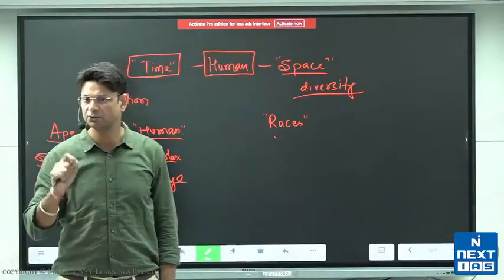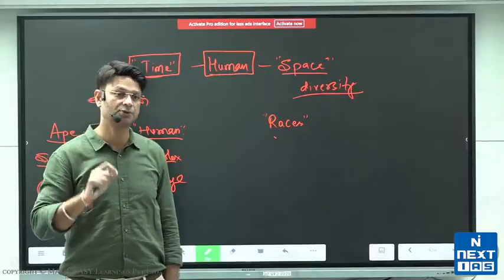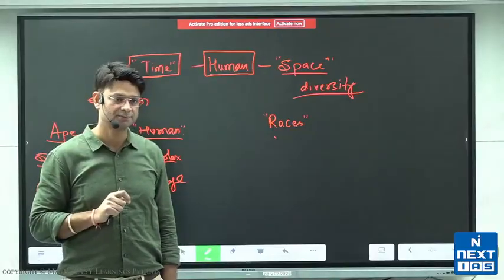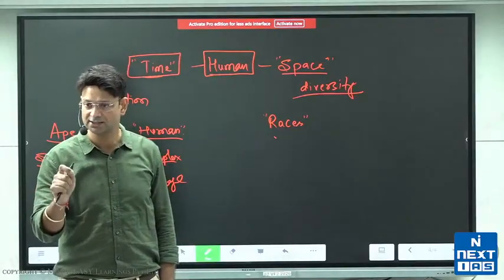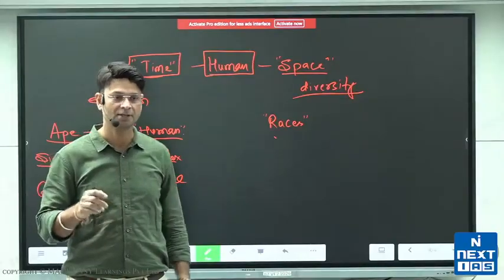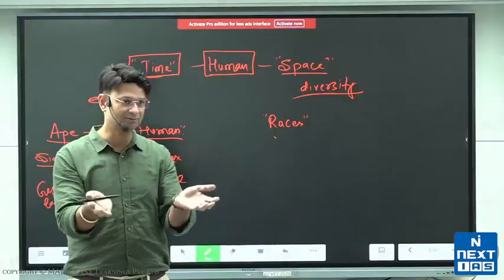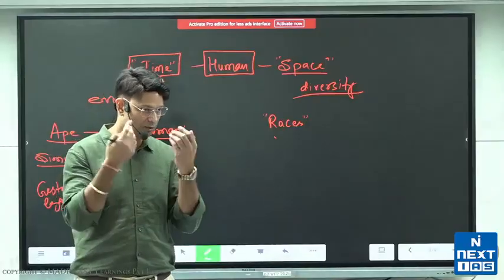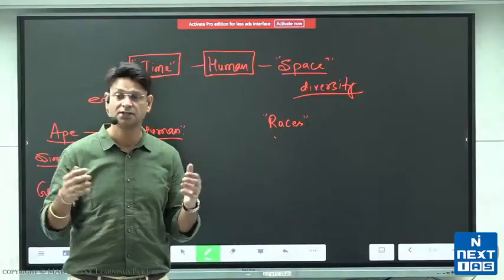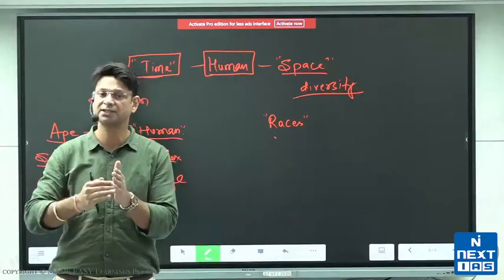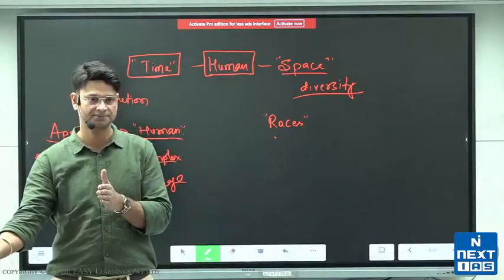Is it purely biology? It's not purely biology in humans. The differences are maintained by endogamy, marriage within the group. So if a caste has different biological characteristics, it's because they stopped marrying other castes.